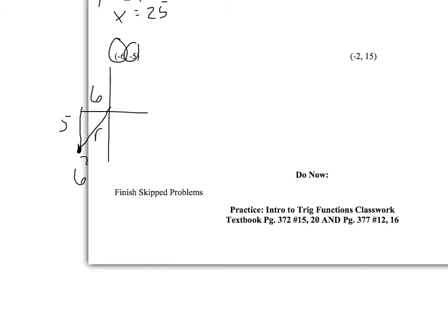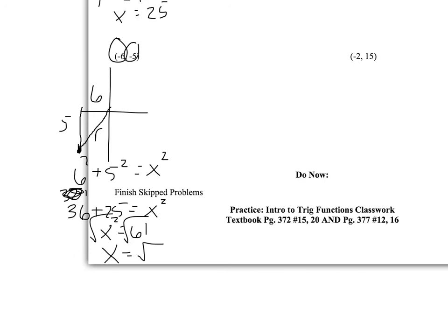So it's going to be 6 squared plus 5 squared equals x squared. 36 plus 25 equals x squared. So you get x squared is equal to 61. Therefore, x is equal to the square root of 61.